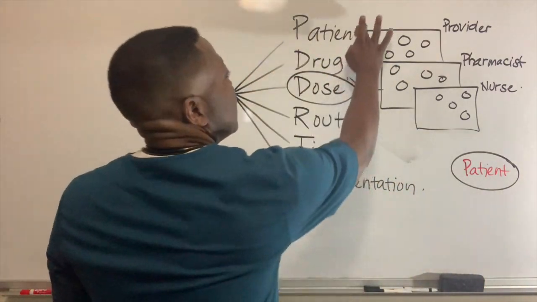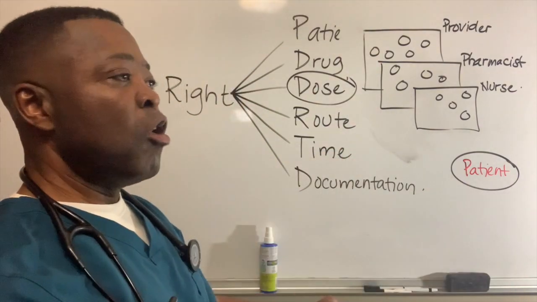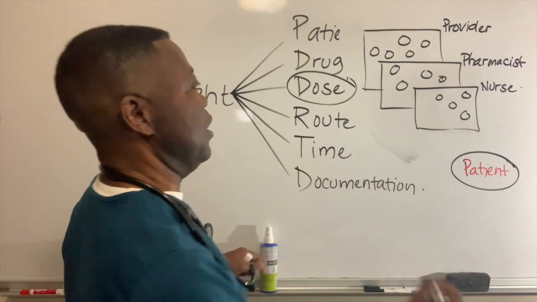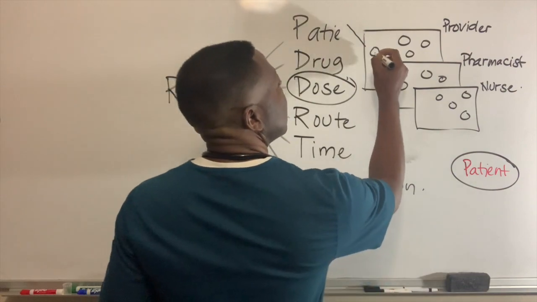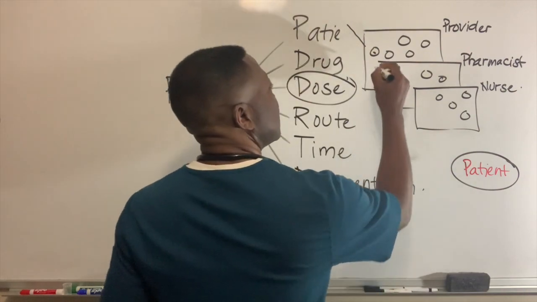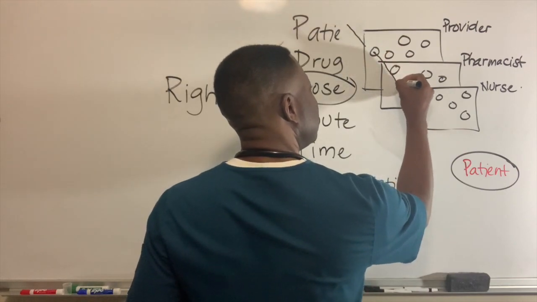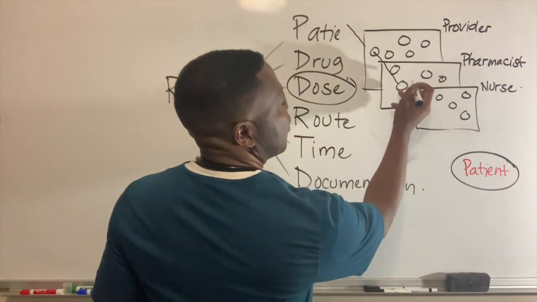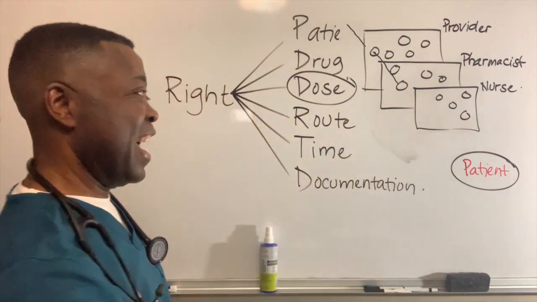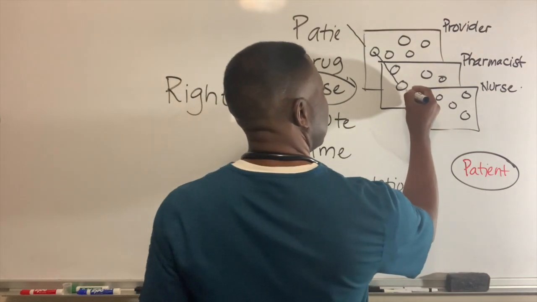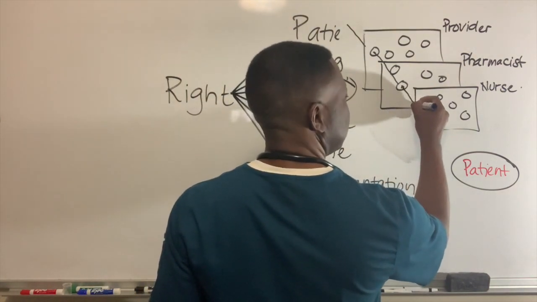If something happens and the doctor orders a wrong medication or a wrong dose for the patient, and for some reason it gets to the pharmacist and the pharmacist doesn't catch it, it goes through.